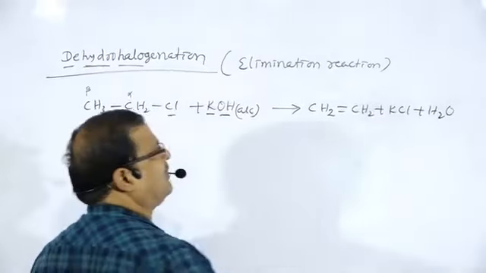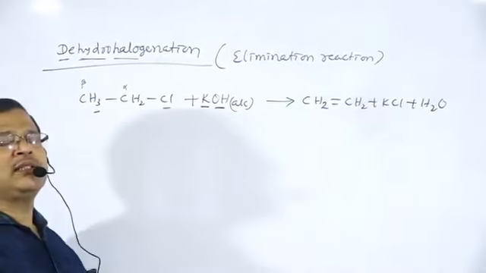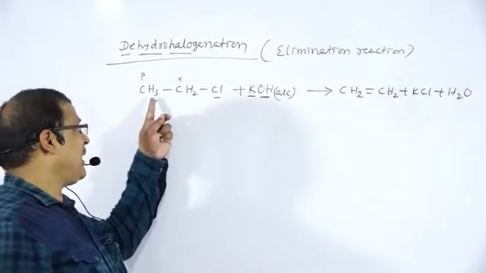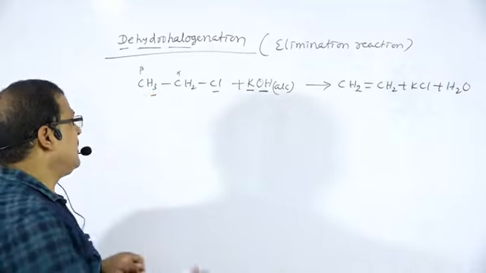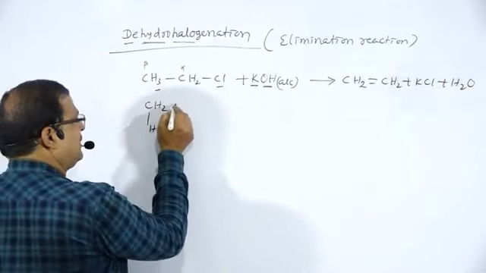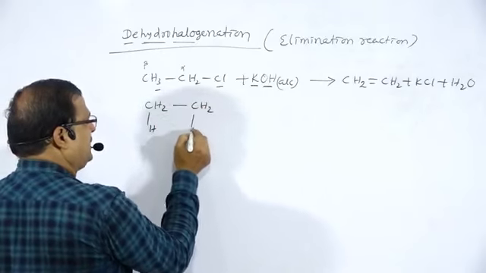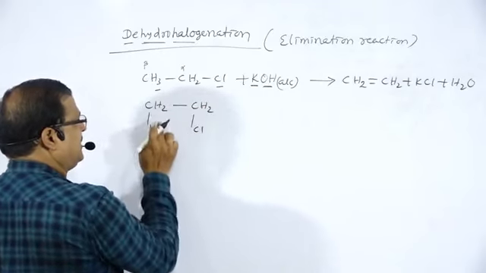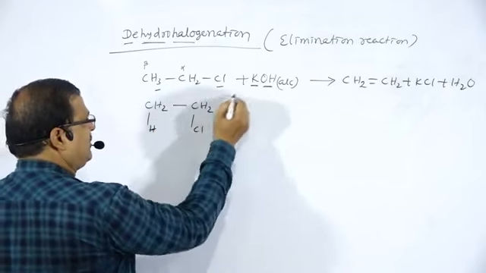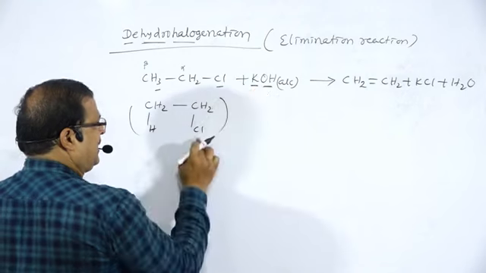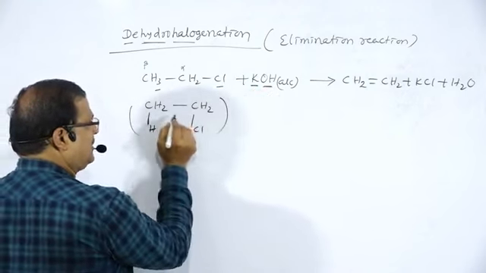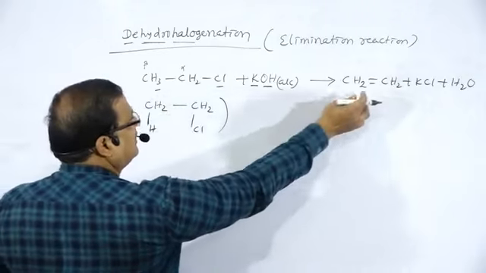So there is the formation of alkene, and this process is known as dehydrohalogenation, the removal of hydrogen and halogen. You can write this reaction in this manner: CH3-CH2Cl, H and Cl are removed in the form of KCl, OH and H. One bond is short, so we have to insert a double bond in this case.